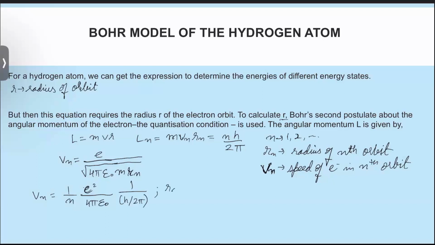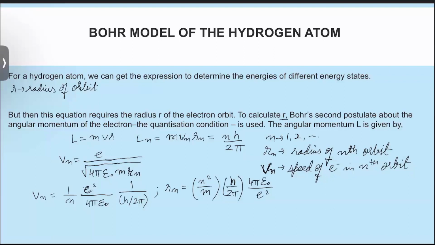Similarly, we can get rn, which is equal to n square by m times h by 2 pi times 4 pi epsilon 0 upon e square.